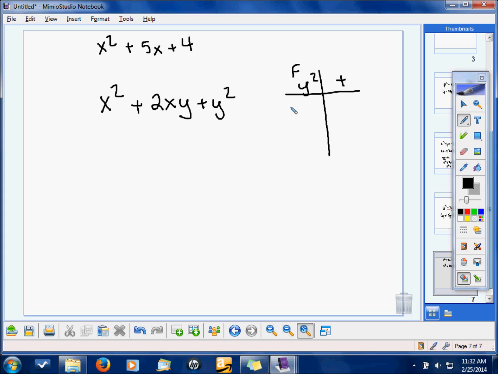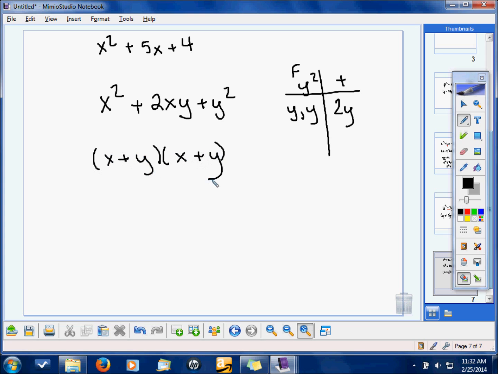Our factors of y are y and y, or negative y and negative y. How much is y plus y? 2y, the sum. So really what we were looking for was 2y in the middle. So y and y works. Great: x plus y and x plus y.